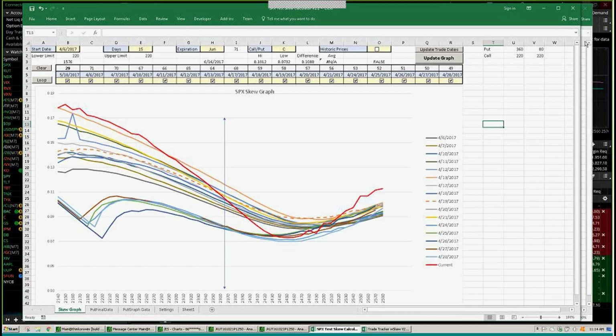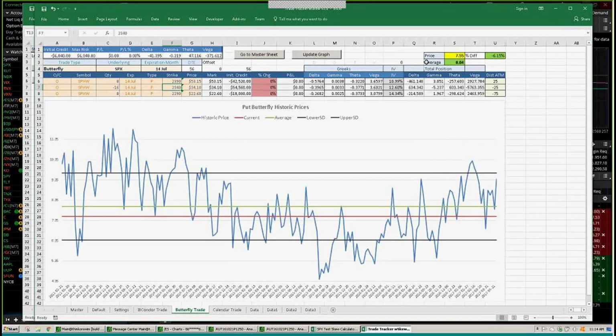Okay, so there's a question here on the vertical scale. I assume you're talking about this right here, and this is the pricing of the butterflies. The blue line here is the actual butterfly prices historically.